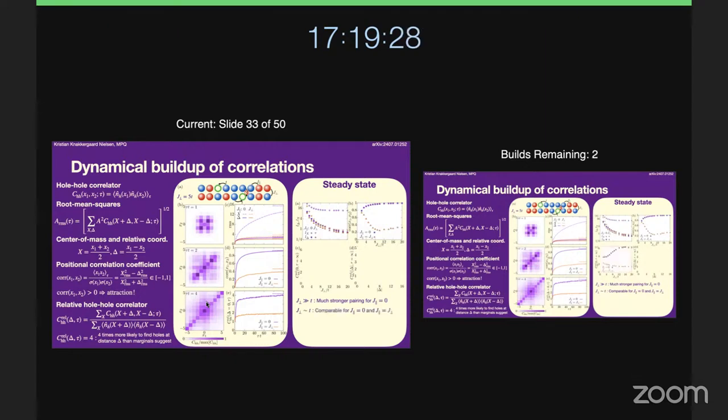But as you decrease J perp, the case where you also have spin coupling in the legs actually pairs more strongly, in the sense that it becomes comparable. And similar things are seen in this relative hole correlator.